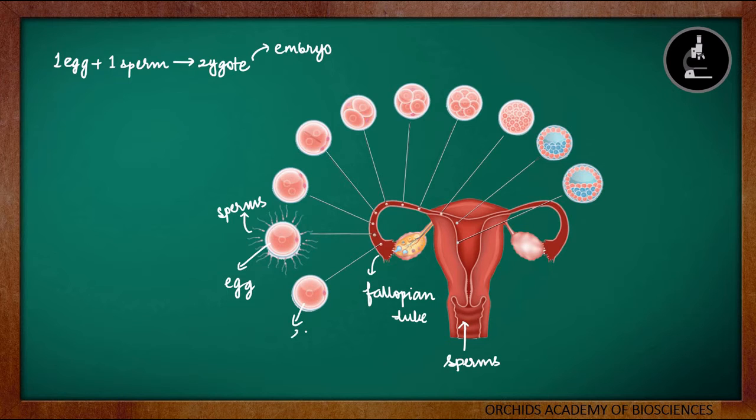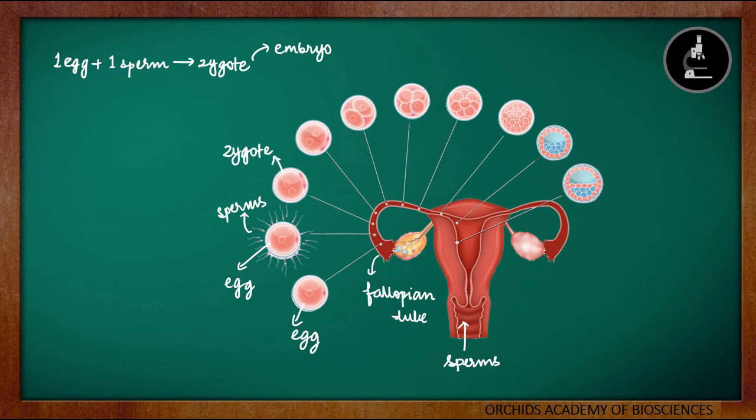So we can see there is an egg here, then this egg is getting surrounded by the sperm after the process of copulation, then the sperm is fusing with the egg to form a structure called zygote. Then this zygote goes on repeated divisions to form the embryo, and finally this embryo, which is undergoing various divisions, will travel through the fallopian tube and come to the uterus.